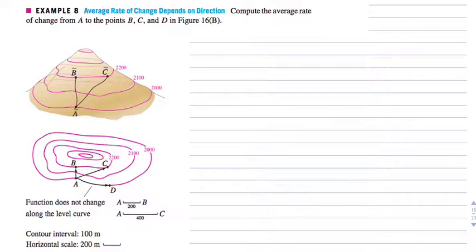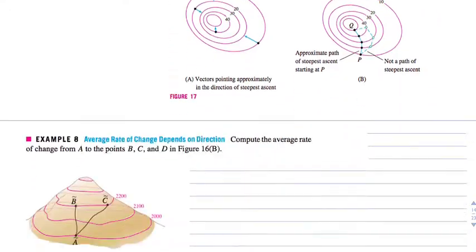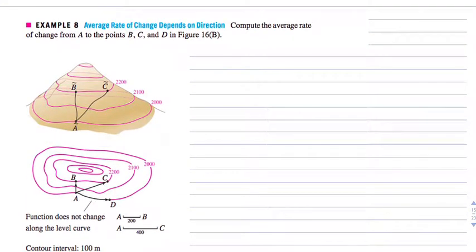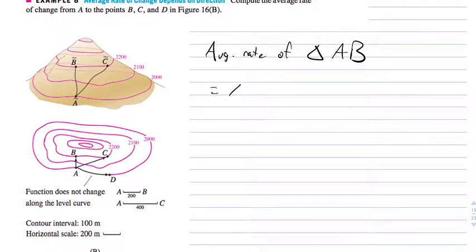Now, say we're looking at, so we'll say average rate of change from A to B. So let's see, the change in altitude over the change in horizontal.